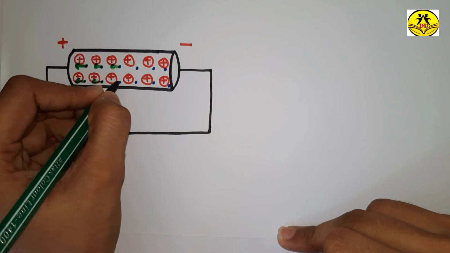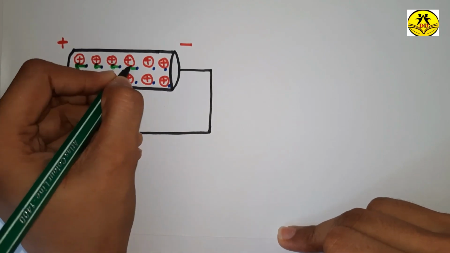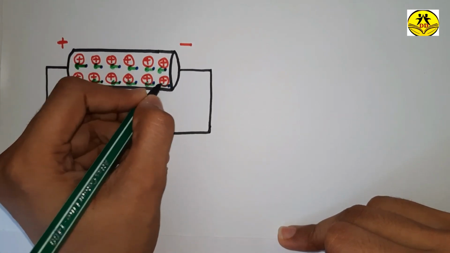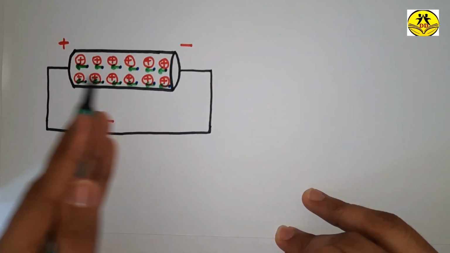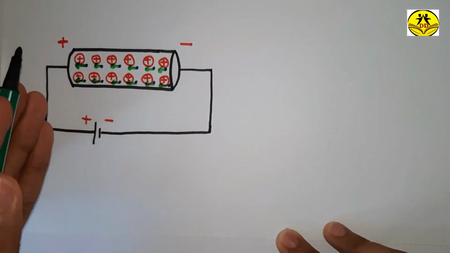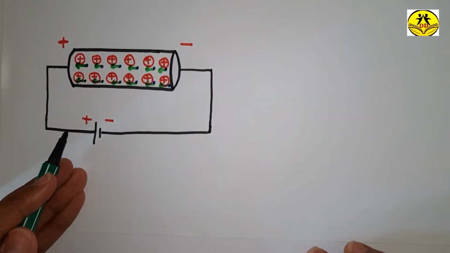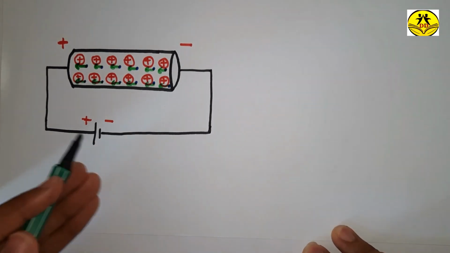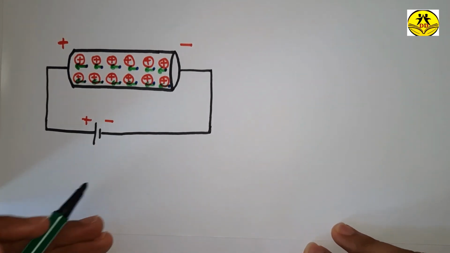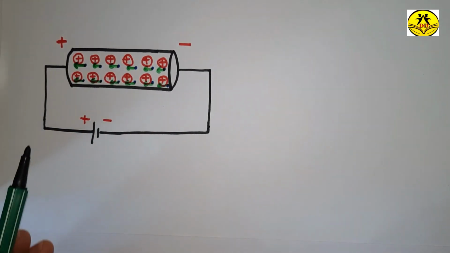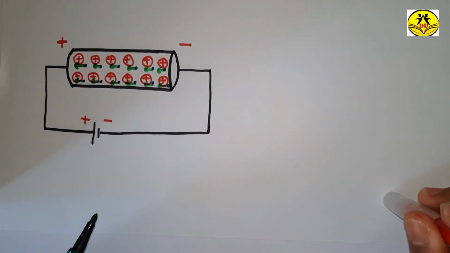So there will be a net flow of electrons in one direction. So this creates an electric current. So this is how an electric current is created in a conductor.